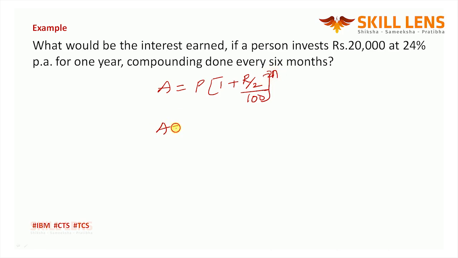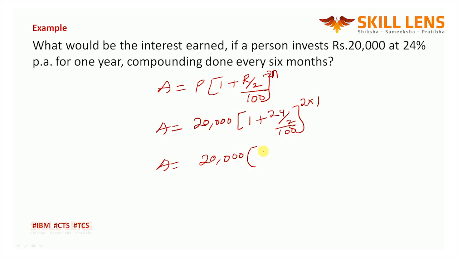If you plug in the values here, which is 20,000, 1 plus rate of interest 24 by 2 by 100, whole power 2 into, it's a period of 1 year only. So amount is equal to 20,000 into 1 plus 12 by 100, whole power 2.